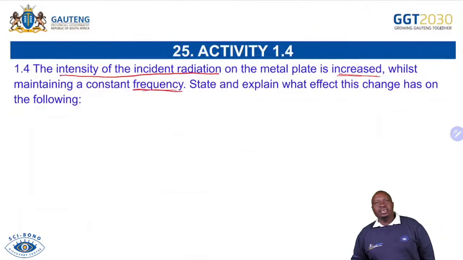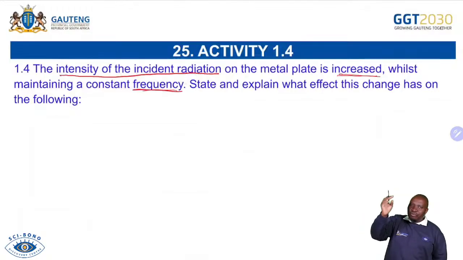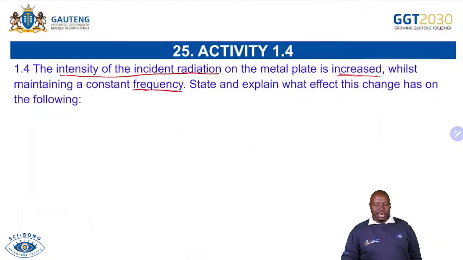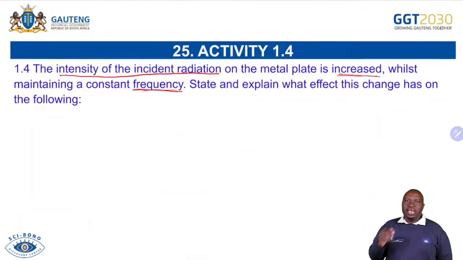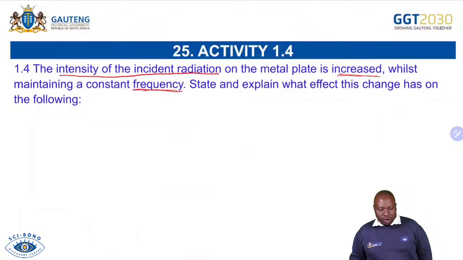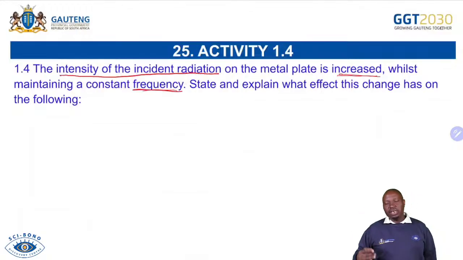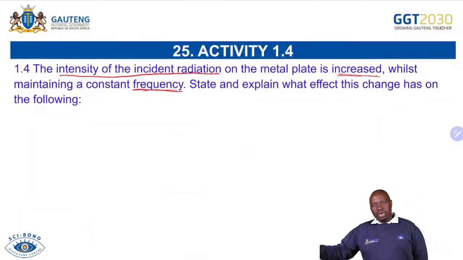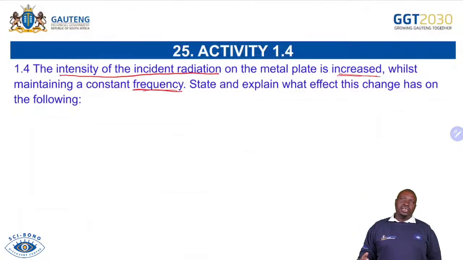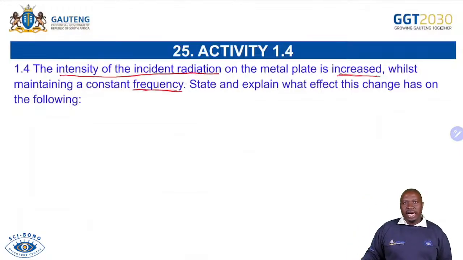So these many photons that are being brought in have the same energy. EK cannot be affected if the intensity is increased because they have constant frequency, which means frequency is remaining the same, and frequency is directly proportional to energy. If frequency remains the same, it means the energy remains the same.